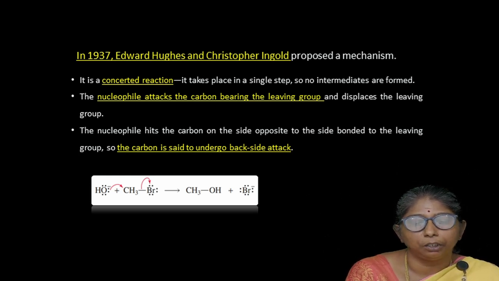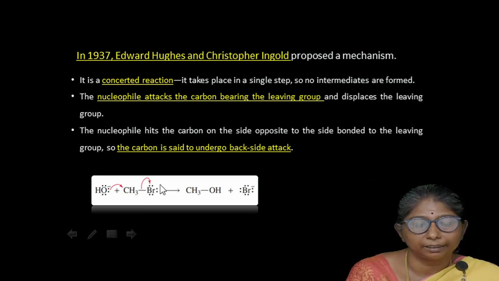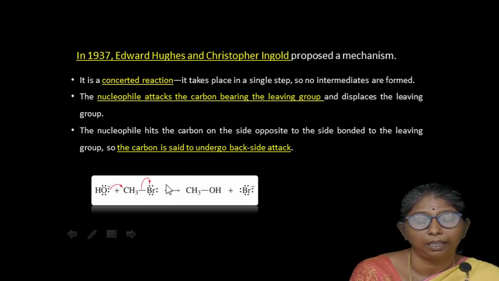Then, the nucleophile attacks the carbon bearing the leaving group and displaces the leaving group. What this means is that in the same step, both the hydroxide ion and the substrate are present, and the hydroxide ion attacks the substrate from the side opposite to the side bonded to the leaving group.